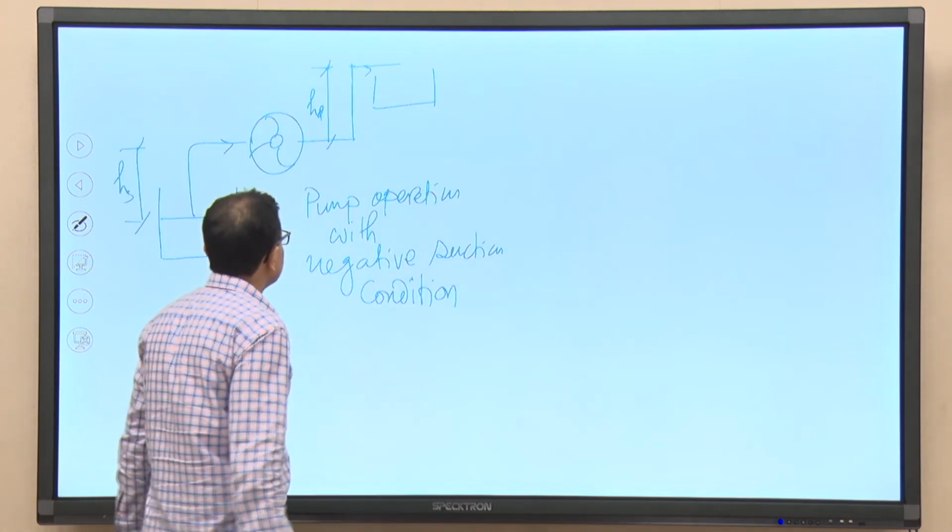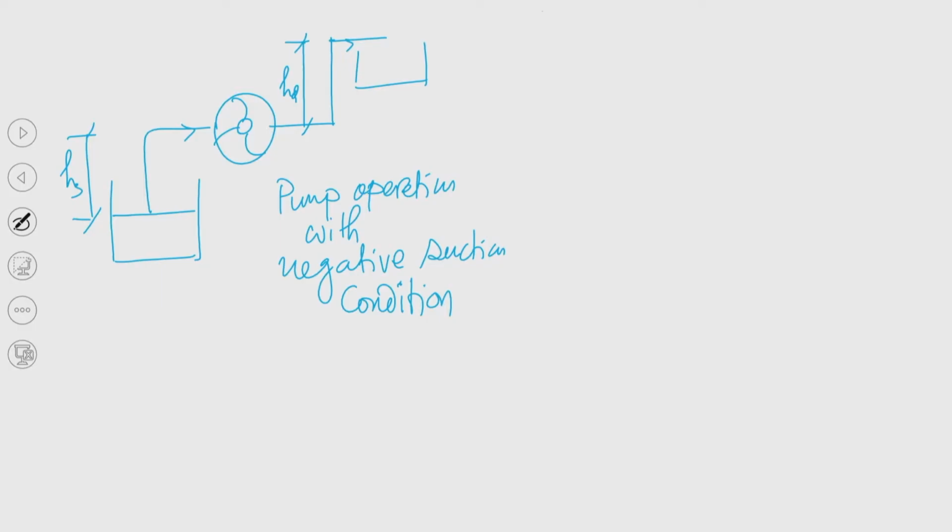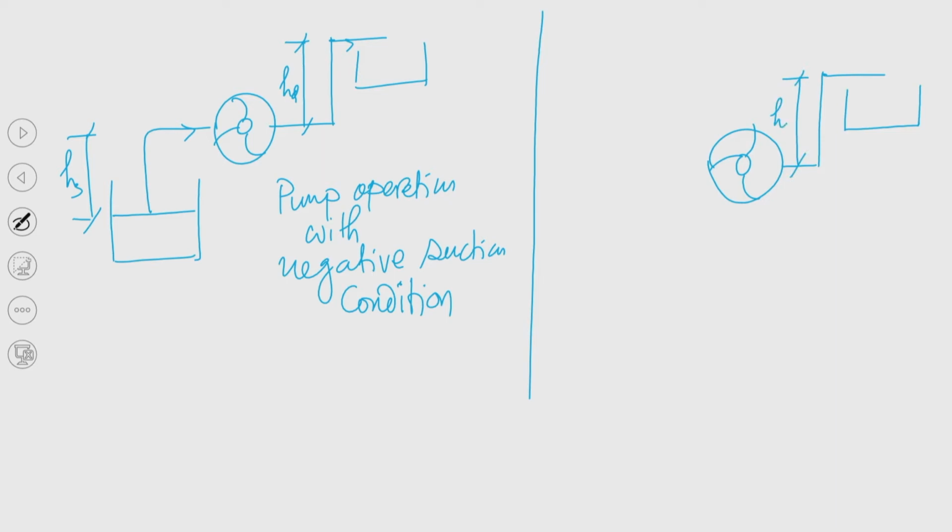By how? See, now the pumping station could be like this. So, we have a pump, it is supplying water into a tank which is Hd distance above the pump datum, but it is drawing water from a tank.